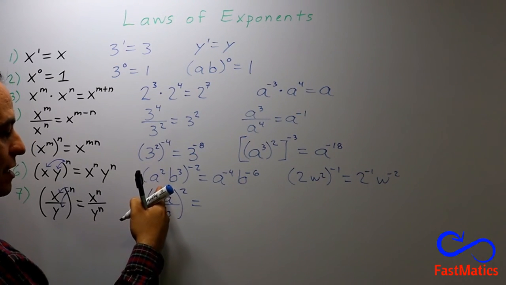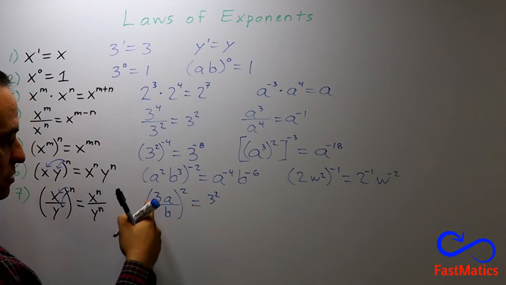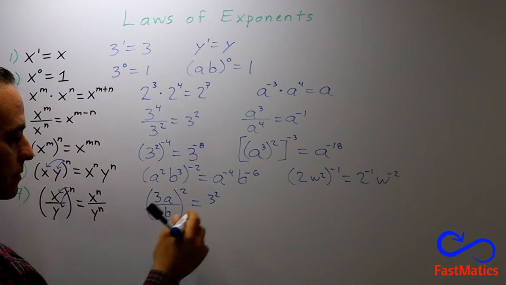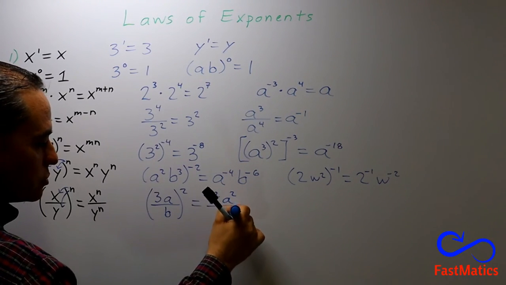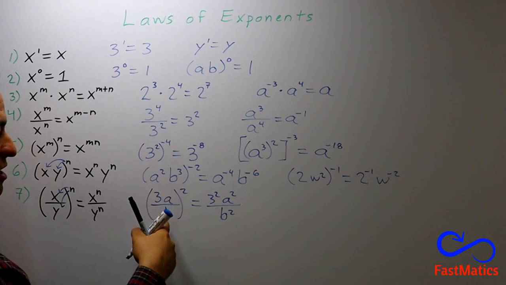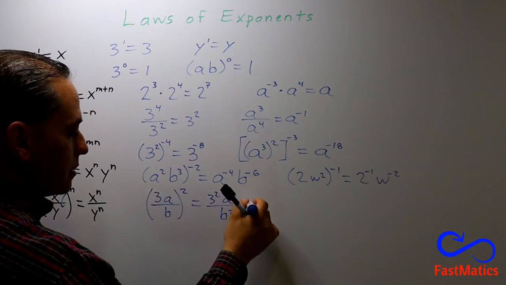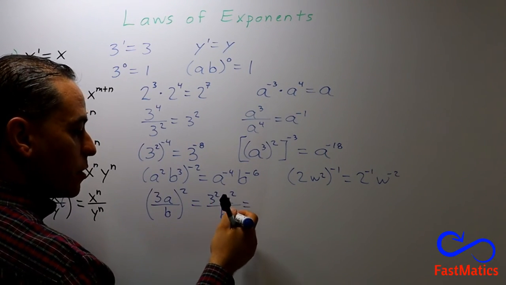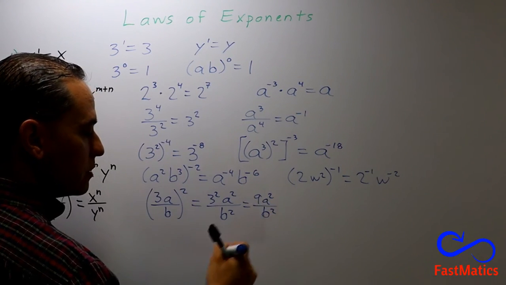If you have exponent 1 here, you are going to multiply those exponents. 1 times 2, 2. A to the power of 2, b to the power of 2, because these 2 will multiply all the exponents that are inside the parenthesis. And here, 3 to the power of 2 is 9a squared divided by b squared.